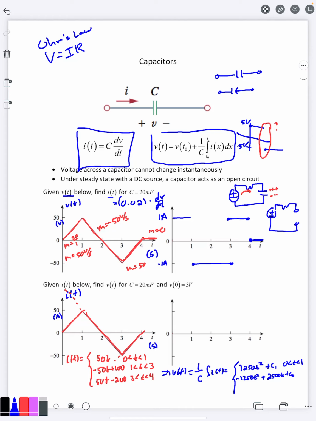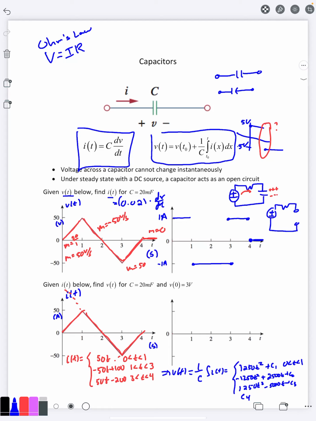And then from 3 to 4, we're going to have 1250 t squared minus 5000 t plus a different constant here. And in fact, we have to actually care about this last part, because it might not be 0, because we're integrating 0 means we're going to get some number there. We don't know what it is.